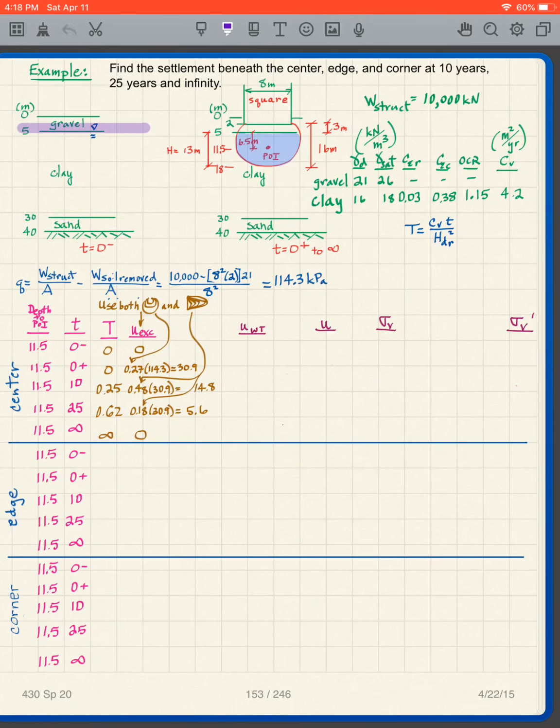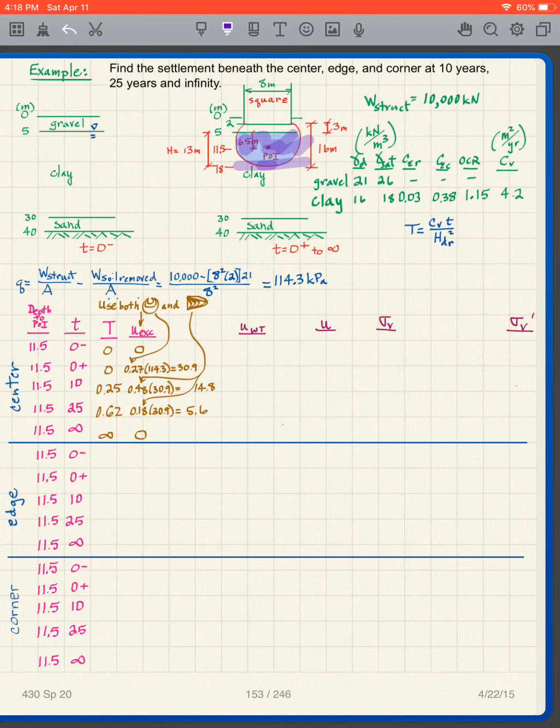The problem is that we can't call it double drainage, because the region that we are stressing, the bottom of that is really only 18 meters. It doesn't go all the way through. So even though this looks like a double drainage situation, this is really single drainage, because the region that we're really stressing is way up here.